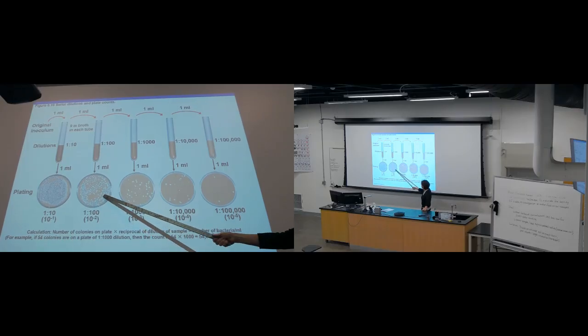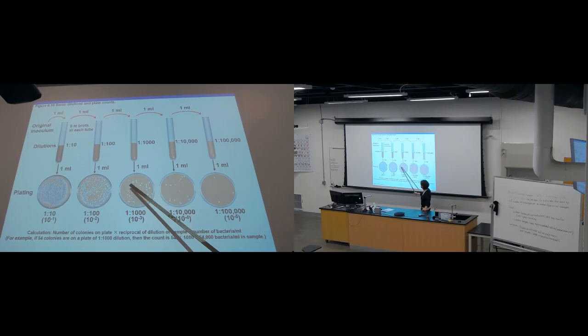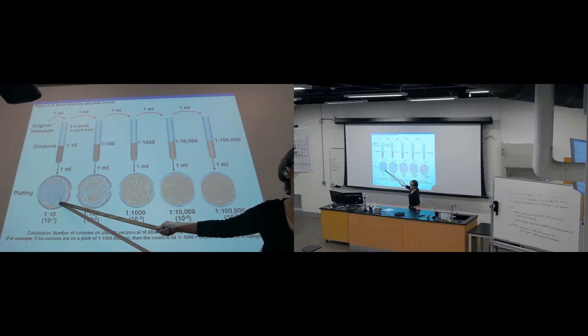If you divide from this 10 to the minus 2 to 10 to the minus 3 by 10, then you have to do the inverse, multiply, right? So 54 times 10 will be what? 5,400. You just add the 0. And for this one, multiply times 10, 54,000 colonies. That's theoretically.